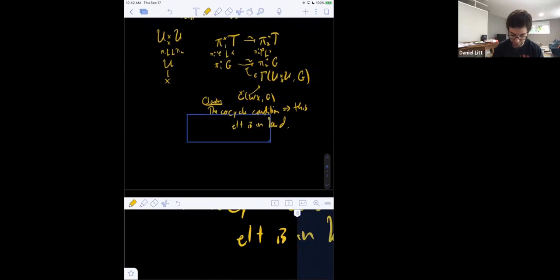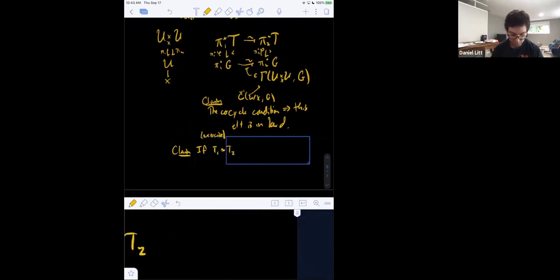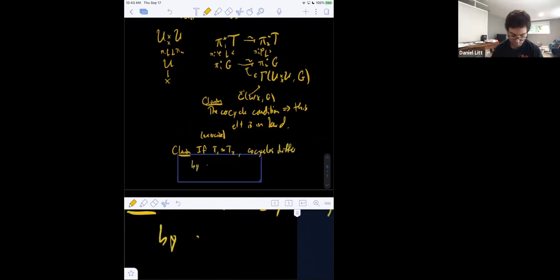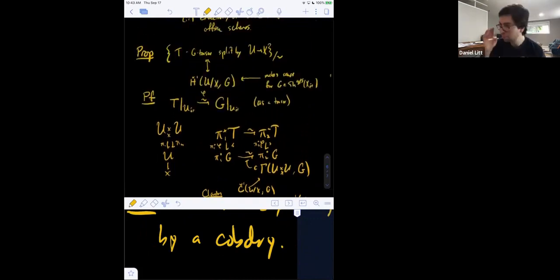So this claim is an exercise, and the other exercise is that if torsors T1 and T2 are isomorphic, then the cocycles you get differ by a coboundary. Okay.